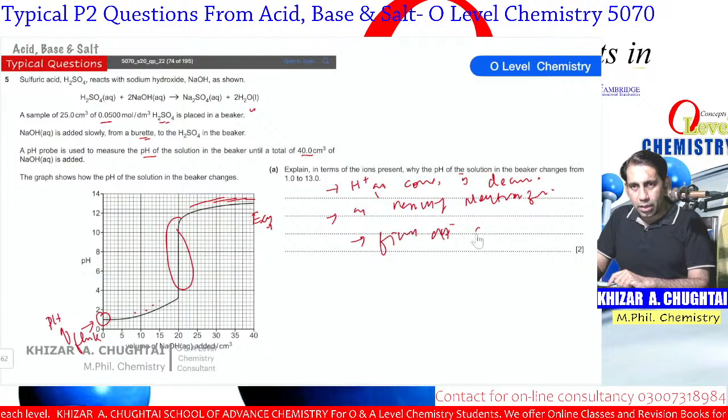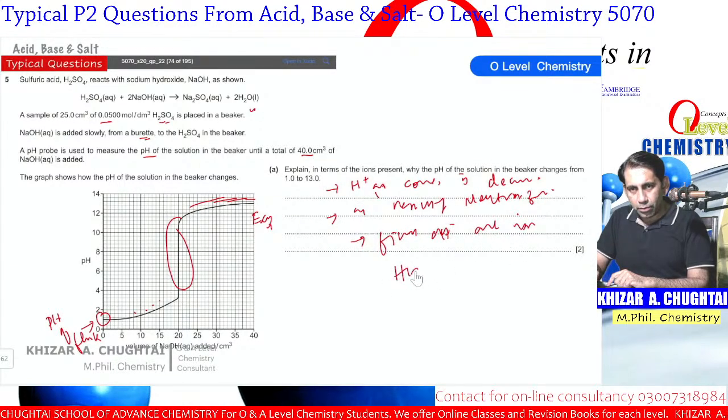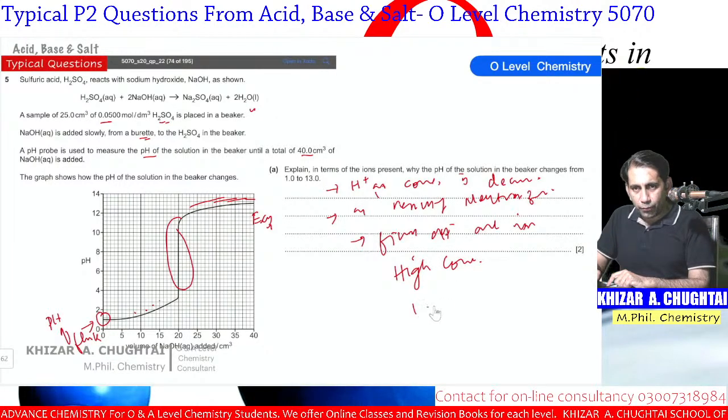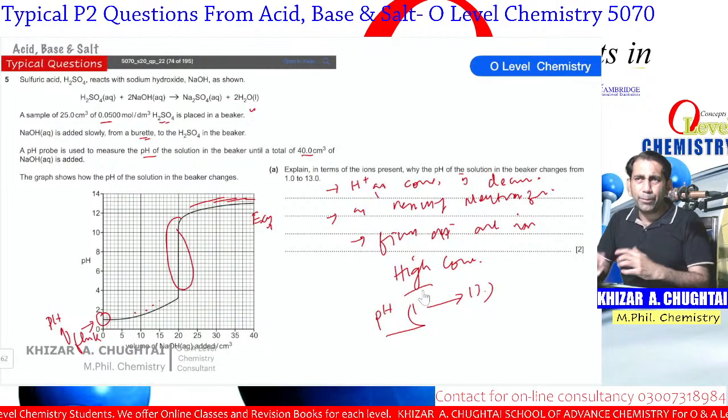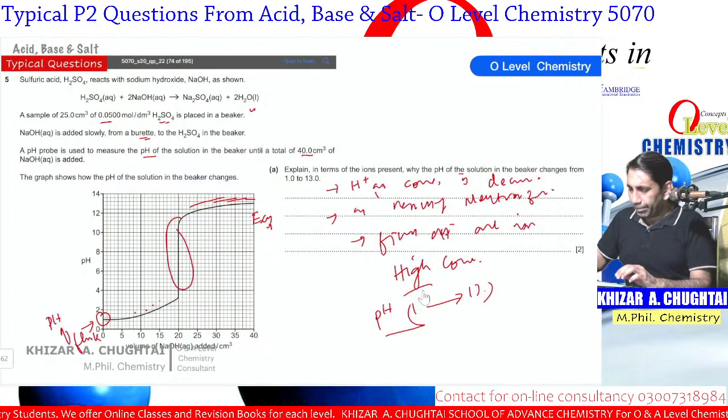Negative ions are in high concentration. So the pH changes from 1 to 13. You can write an appropriate sentence in your own way.